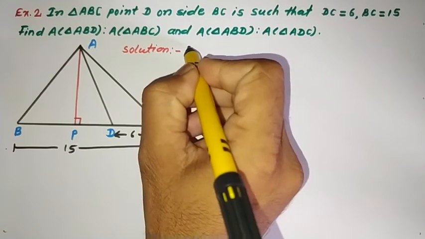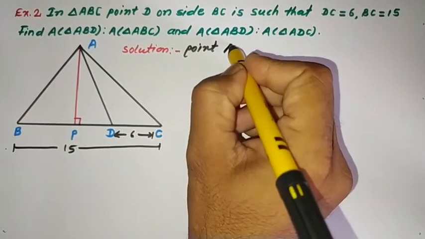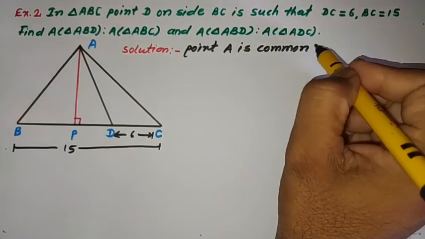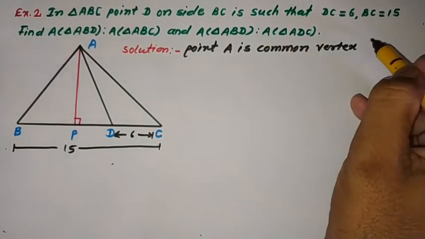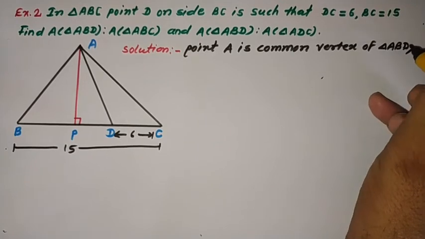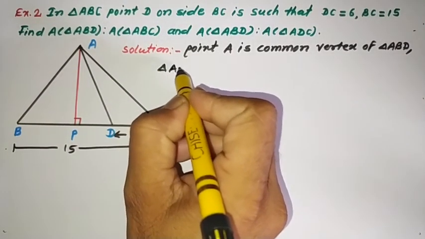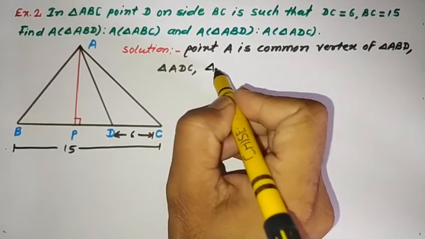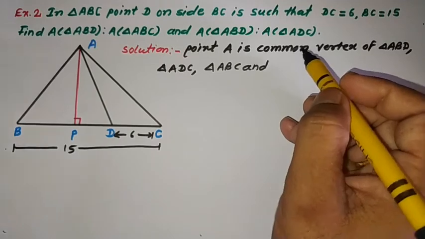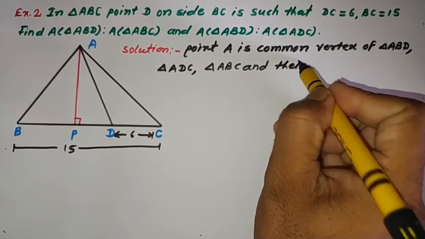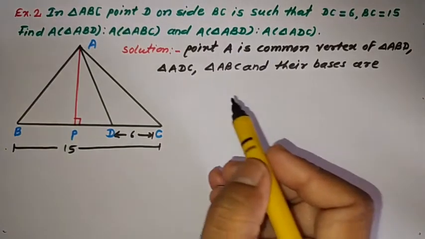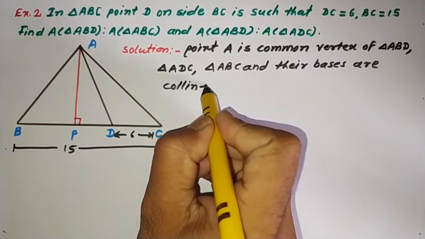Point A is the common vertex of triangle ABD, triangle ADC, and triangle ABC, and their bases are collinear.